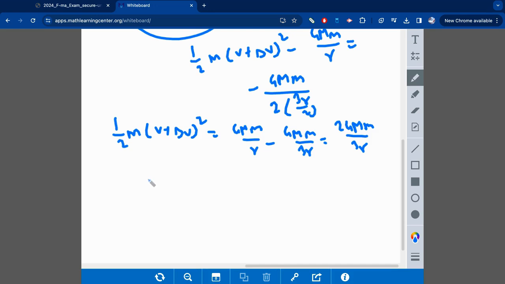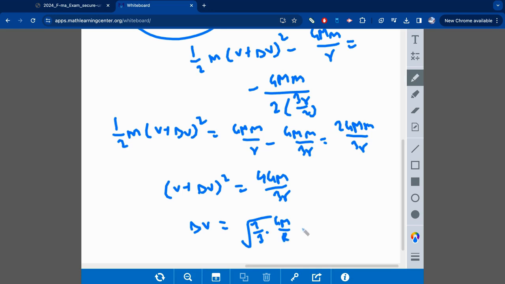If we take out small m and multiply by 2, we get that delta v is just the square root of this minus v.